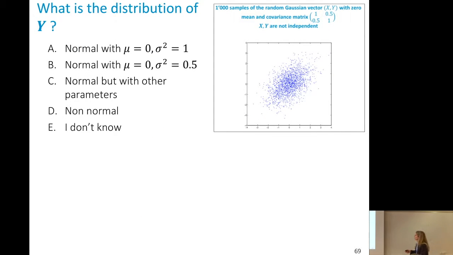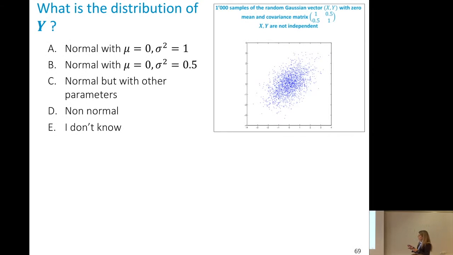So a question for you. It's simple. What's the distribution of y if we know that x and y is a Gaussian vector with 0 mean and covariance matrix this one? Most of you replied A, which is the correct one. And let's see why.